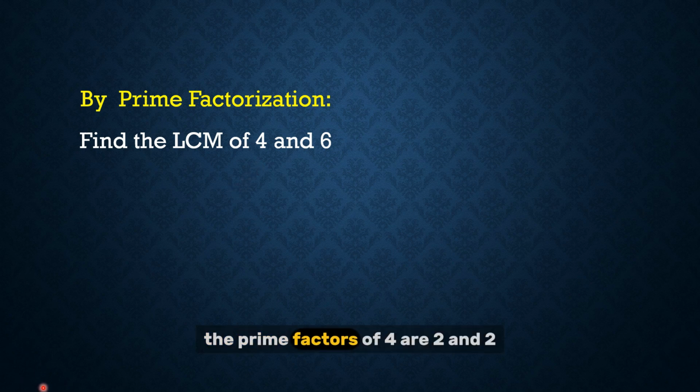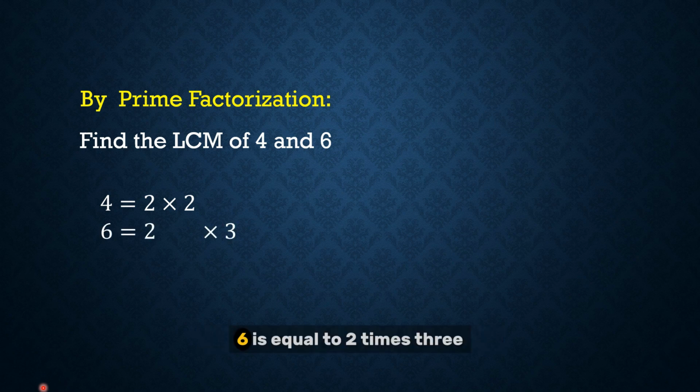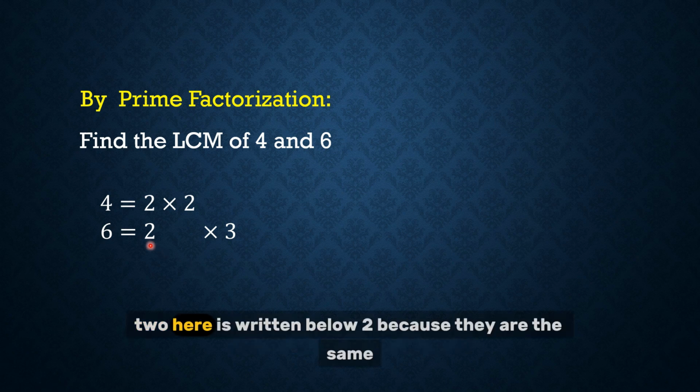The prime factors of 4 are 2 and 2, so 4 is equal to 2 times 2. The prime factors of 6 are 2 and 3, so 6 is equal to 2 times 3. 2 here is written below 2 because they are the same. 3 is not written below 2 because they are not the same.